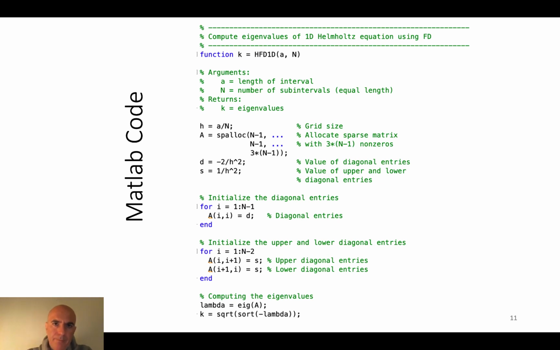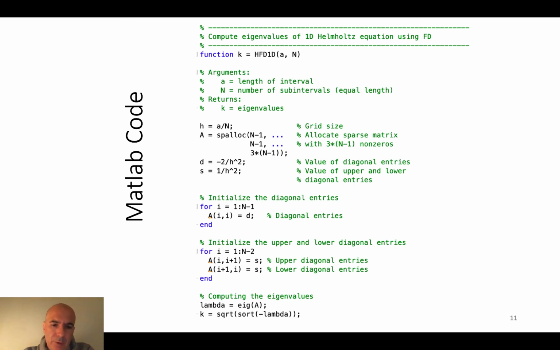On the main diagonal we need minus 2, but also we need to take care of h squared. So here this is our term on the main diagonal. And then we are going to have 1 and 1 on the minor diagonals. So this is the function to form our matrix.